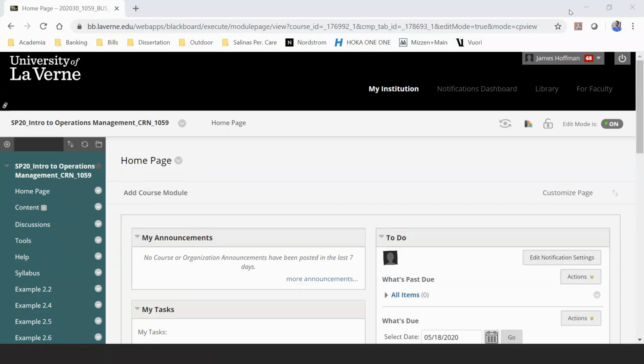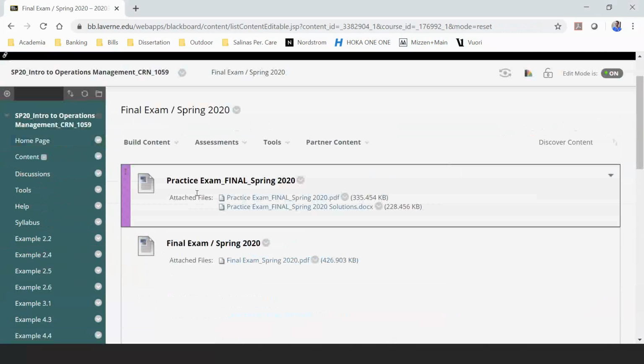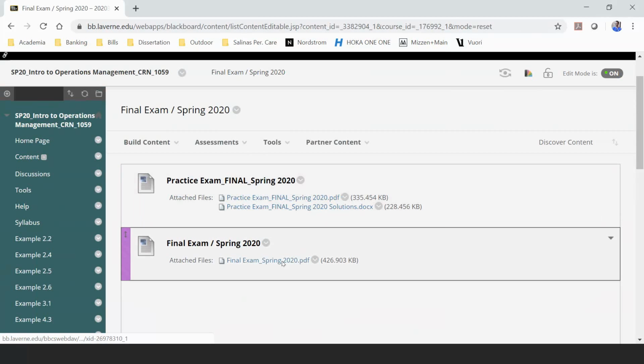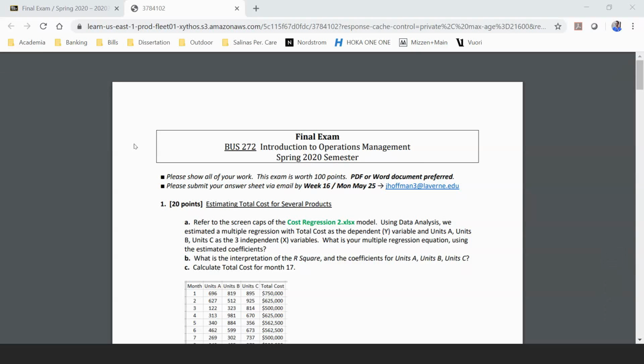Okay, so there you go. If you go on the Blackboard page to the final exam spring 2020 section, there's the practice exam we just did, and then here is your final exam, which is due next Monday. It tells you when it's due, which is Monday, May 25th.